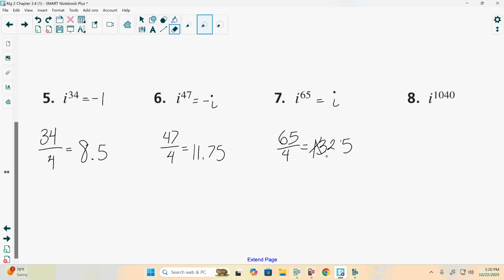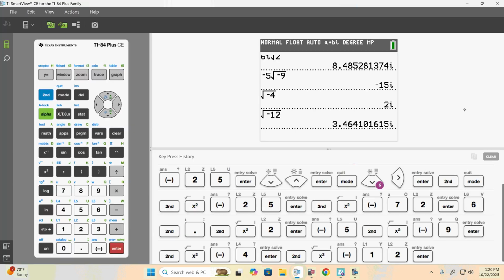Because 0.25 would indeed give us i, yes? Now the last one, i to the 1040. 1. Because even though we have a big number, is 40 divisible by 4? There's 40 divisible by 4. 10, yes? So it divides evenly, telling us it is 1.